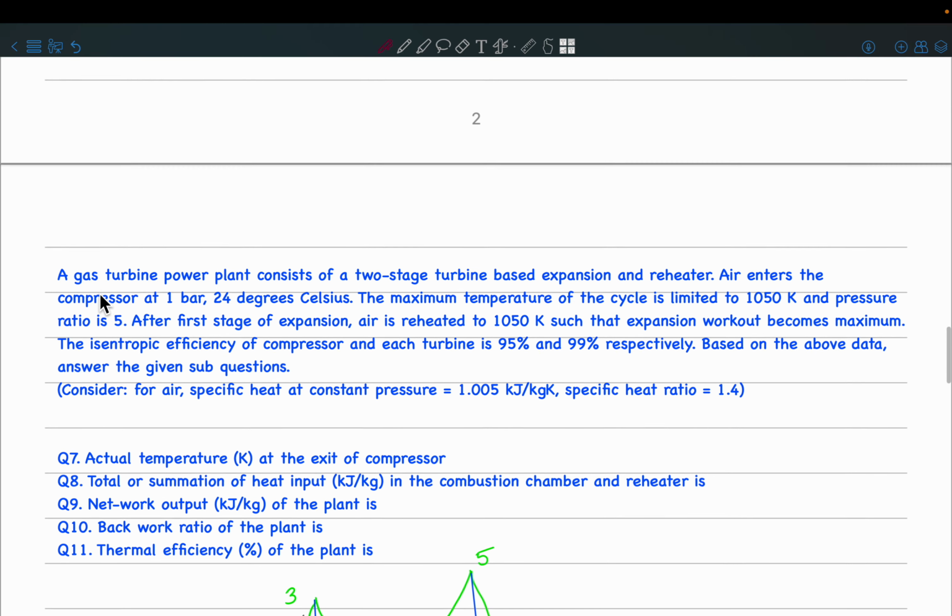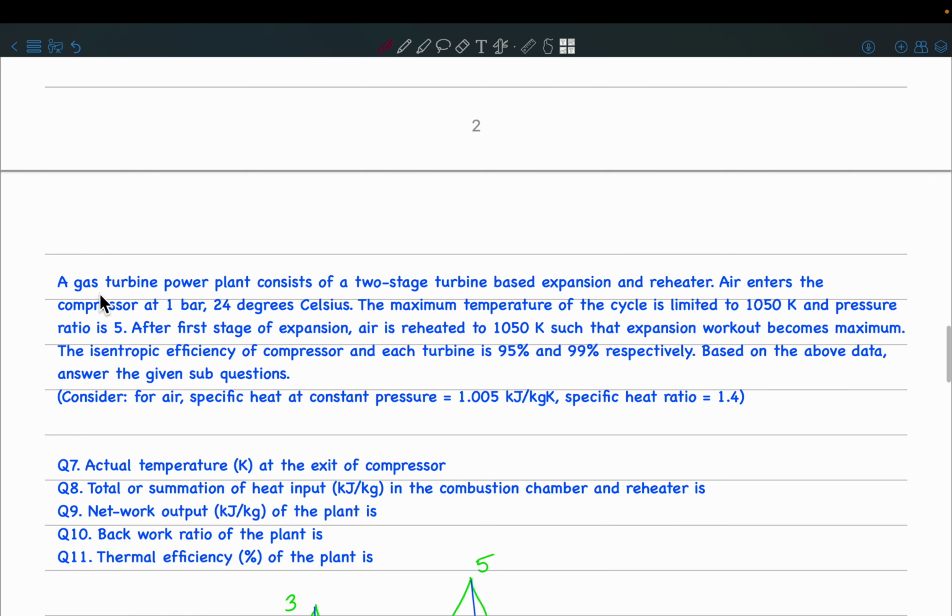Okay, so now we'll do a big numerical, that is we'll solve a real turbojet cycle. Here is what is given: a gas turbine power plant consists of a two-stage turbine based expansion and reheater. Air enters the compressor at 1 bar, so the inlet conditions are given, 1 bar pressure, 24 degrees Celsius.